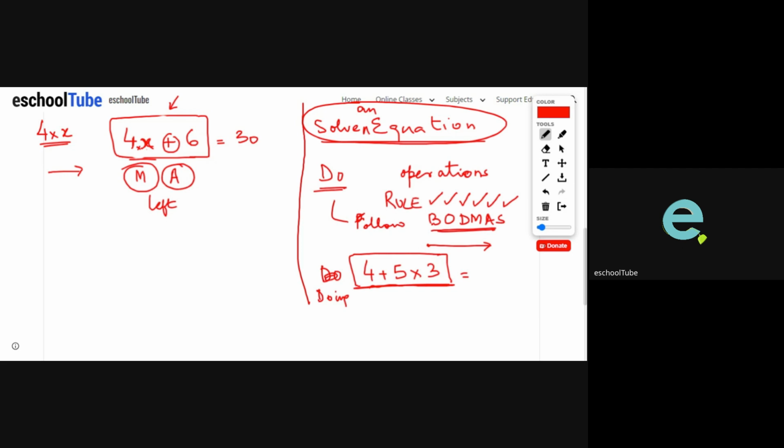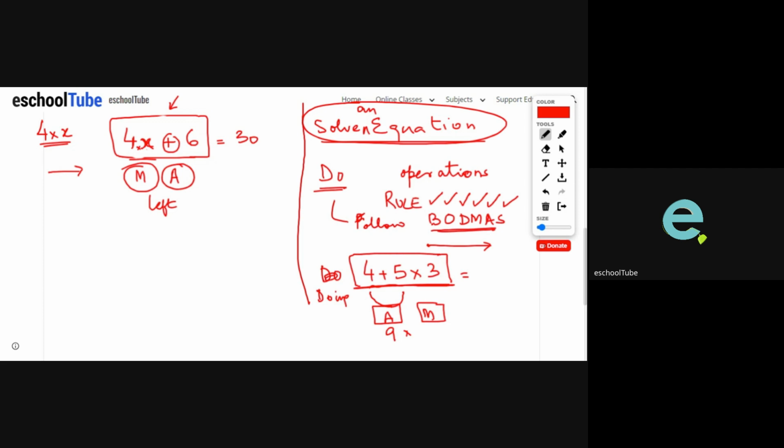So that means first you are doing 4 plus 5, that is addition, and then you are doing multiplication. 4 plus 5 is 9 and then you multiply. So you are doing first addition and then multiplication. You are doing two operations.